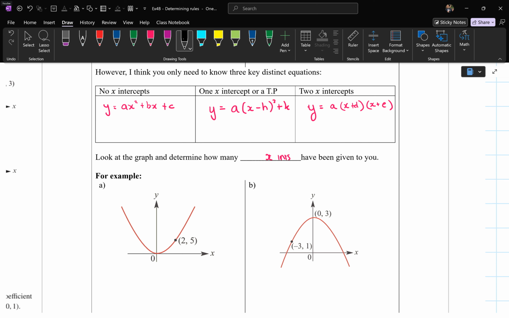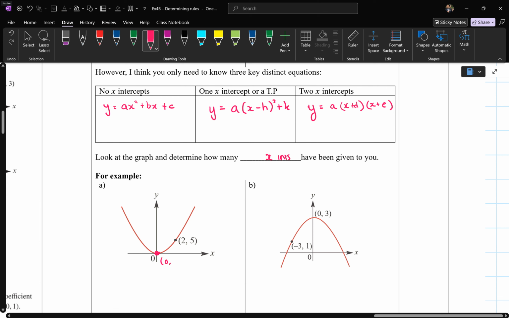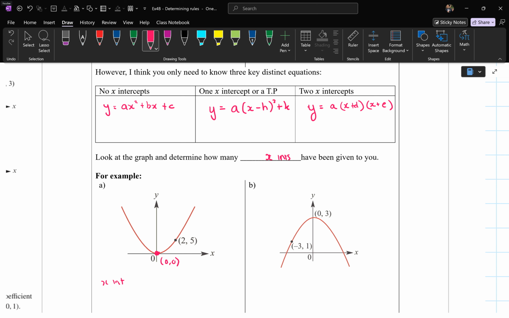What things have they given us? Give me one piece of information that you can see. Let's go, Ryan. What do you see? Very good. They've given you an x-intercept at 0, 0. So you've got an x-intercept. What else can you take out from this as well? Lockley?